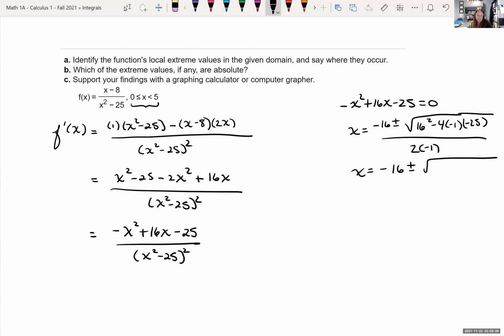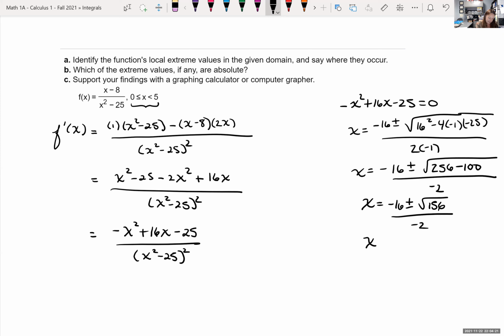So we have negative 16 plus or minus the square root of 16 squared, which is 256, minus 100, all over negative 2. So I have x equals negative 16 plus or minus the square root of 156 all over negative 2. So the square root of 156 is about 12.5.